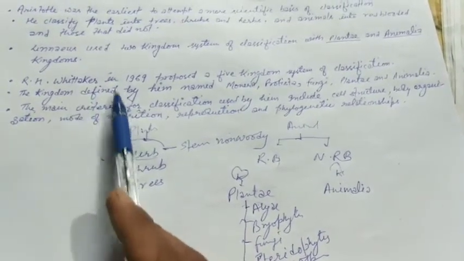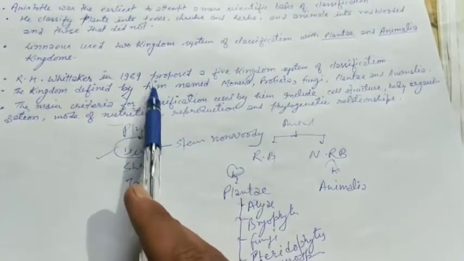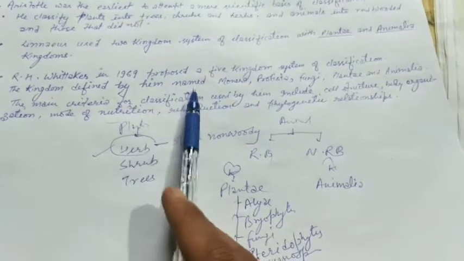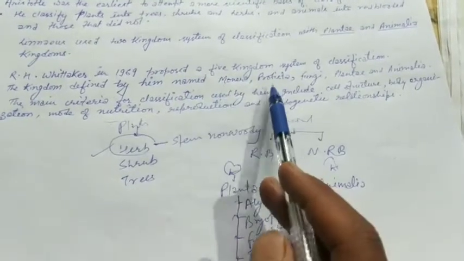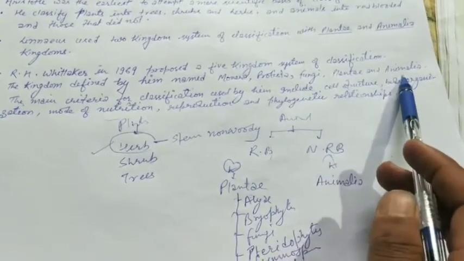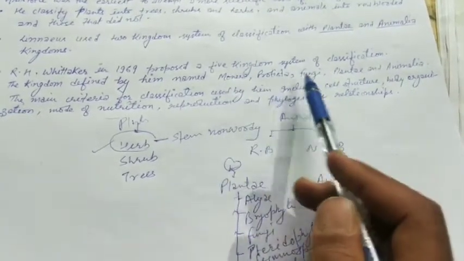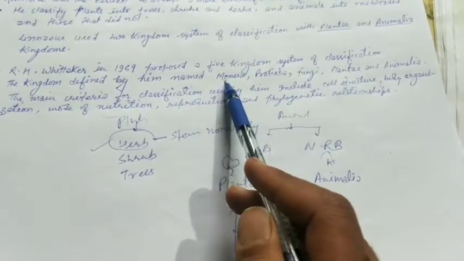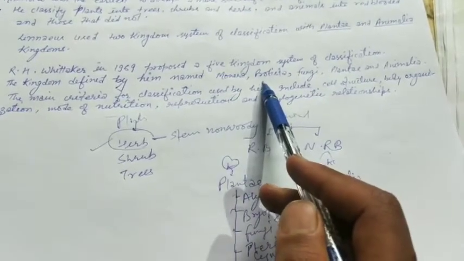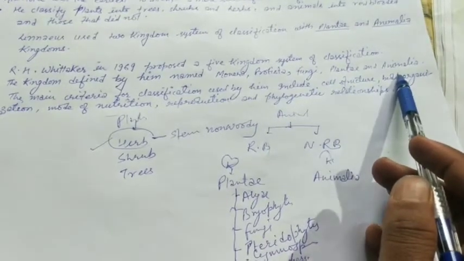The 5 kingdoms included in this system were named Monera, Protista, Fungi, Plantae, and Animalia. The first one is Monera, second one is Protista, third one is Fungi, fourth one is Plantae, and the fifth one is Animalia.